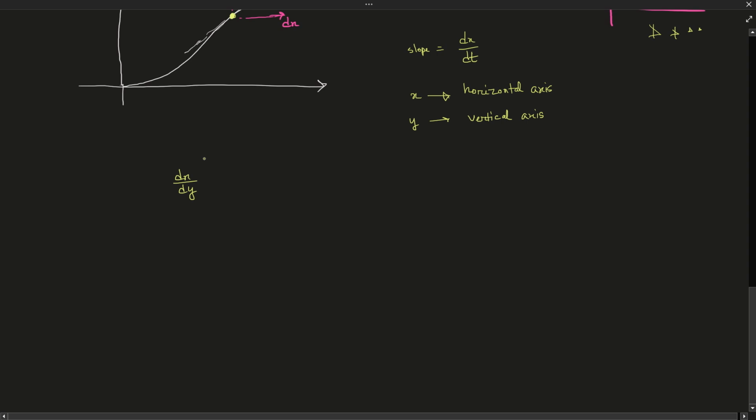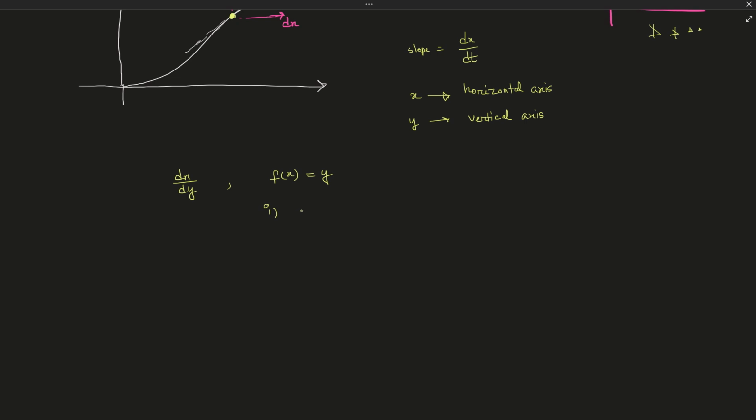Now let's say we have a function f of x and that is y. This function's derivative can be expressed in two ways.